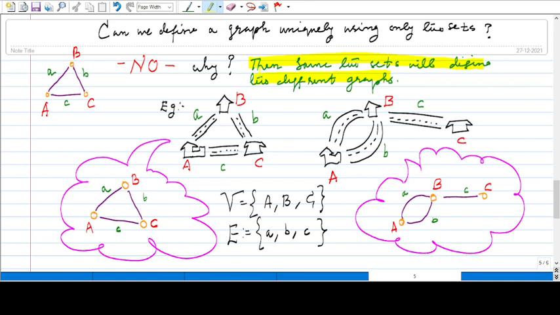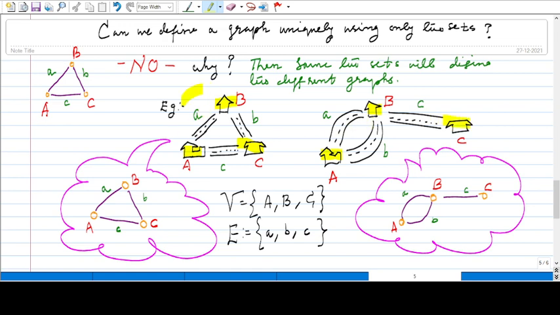But we must be very careful when saying different graphs. The exact idea of distinct graphs will come after we study some tools about graphs. But for this example, I have taken three houses here, A, B, C, to give you some understanding. Another picture I have, A, B, C, three houses are there.